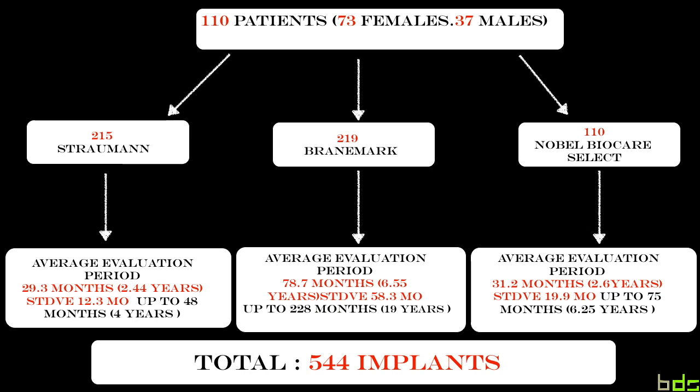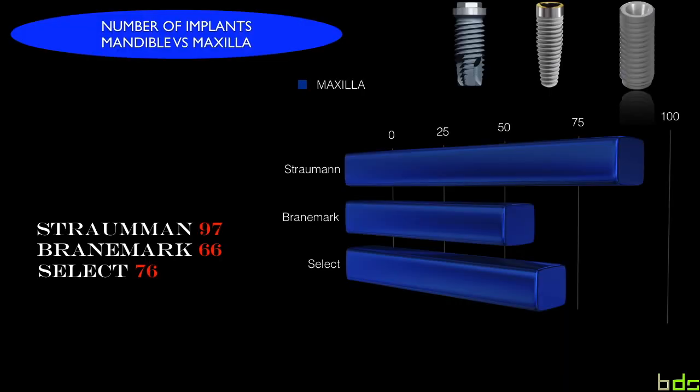544 implants were used in comparison, with the same type of comparison that falls into the protocol of the study. In the maxilla, we had 97 Straumann, 66 Brånemark, and 76 Select implants.